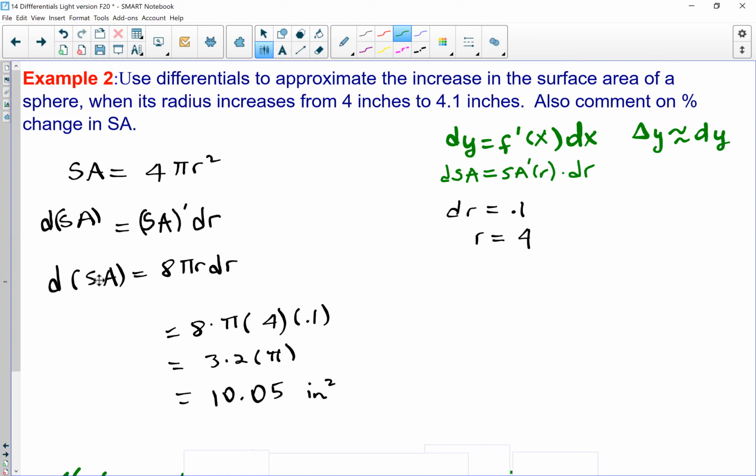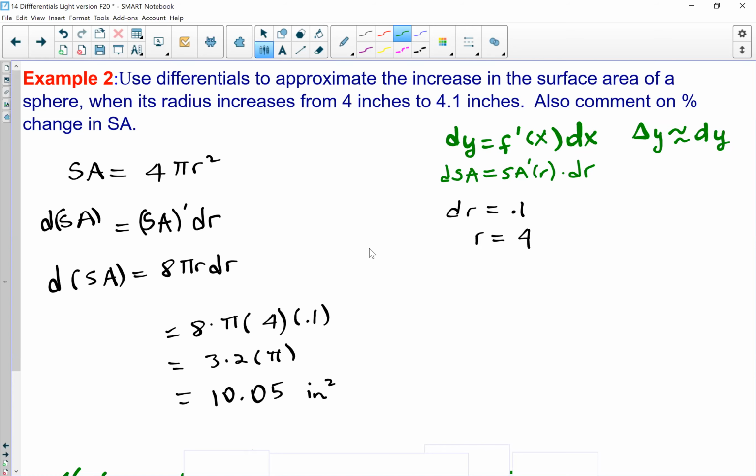And surface area, the unit would be square units. So change in surface area would also be the same units, if you want to put the units as square inches. And finally, what we're saying here is if the radius of the sphere changes from 4 to 4.1, the surface area of the sphere will increase by approximately 10 square inches.